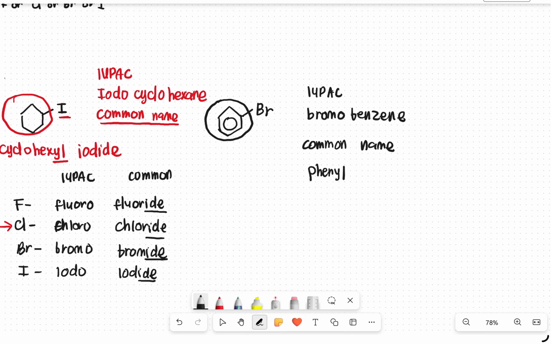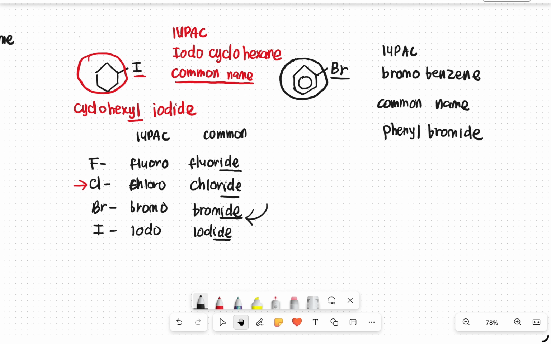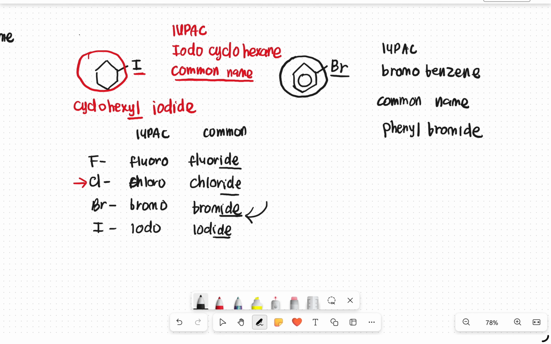And then look at Br. This is bromide. Phenyl bromide. There you go. You have the IUPAC and you have the common names. Remember, for common names, I repeat, there's no numbering system like 1 phenyl bromide, 2, 3, and so on. We just need to identify what are the alkyl or aryl groups attached to it.